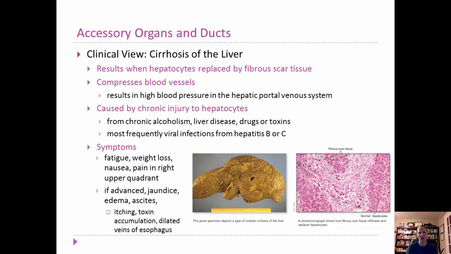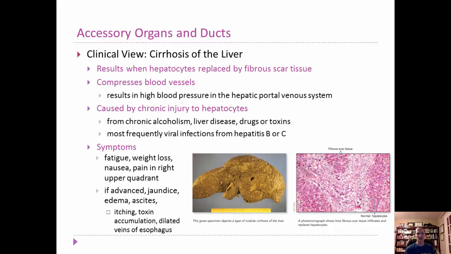It helps break down a lot of the drugs or toxins that come through the body. Liver diseases like hepatitis, the most frequent ones being hepatitis B and C. So those are all different chronic injuries that can cause cirrhosis.